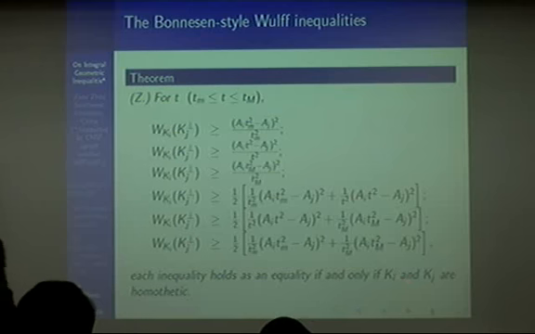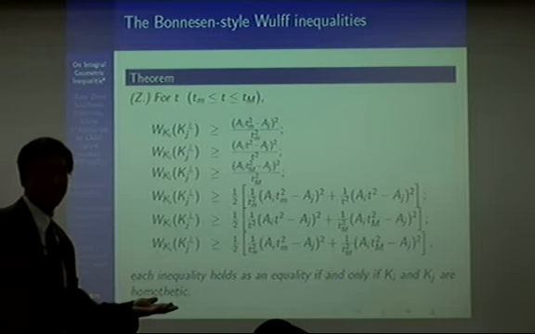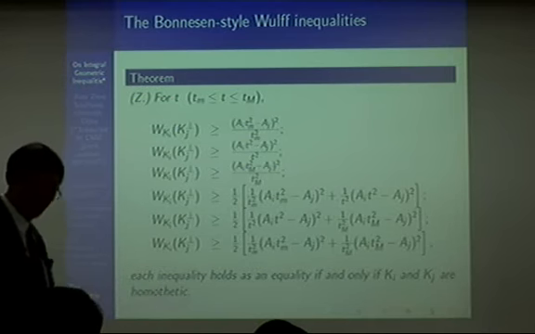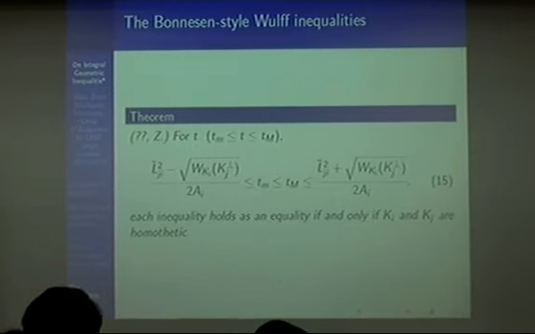Very special case. If you take the Ki as a unit disk, so everything is just what we have, the Bonnesen style inequalities. Okay. So this is a natural generalization of the Bonnesen inequality. Okay, and therefore we get this one.